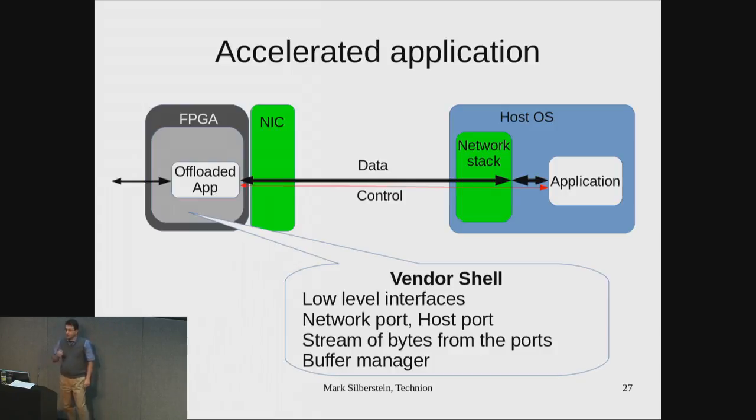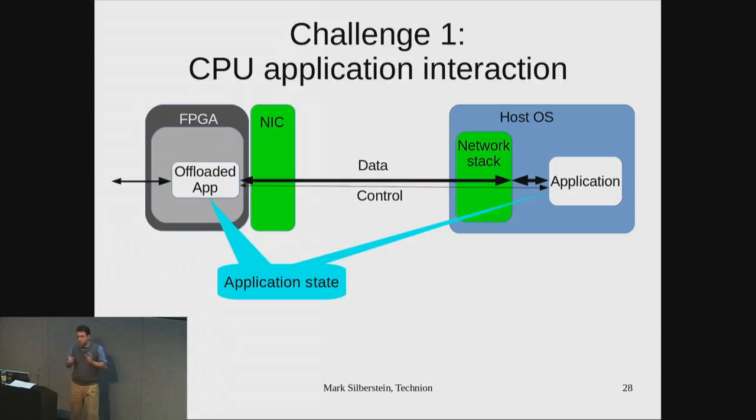Maybe just to clarify, can the FPGA in the architecture you're using access memory over the PCI or no? Not yet. It will be in the second generation. Okay, but again, for the purpose of the discussion, I think that this is less of an issue.